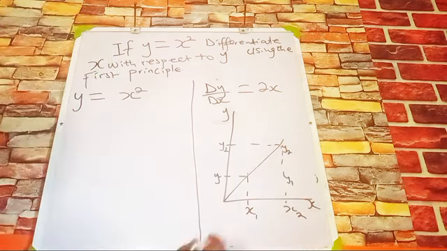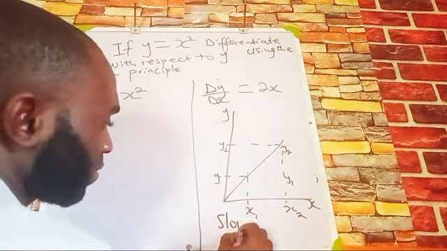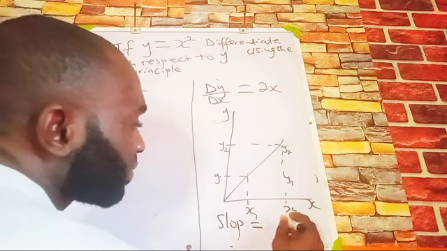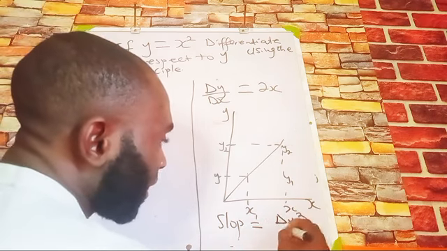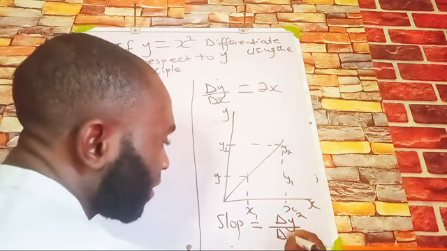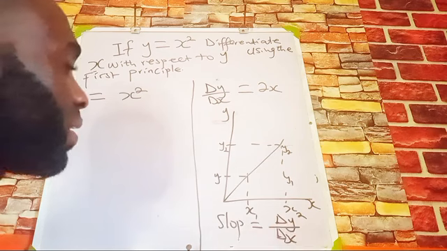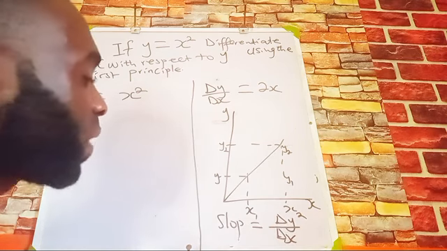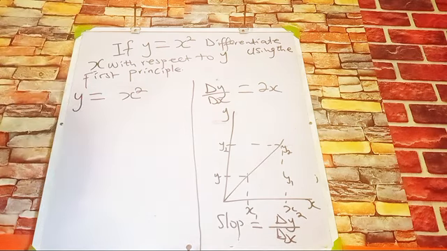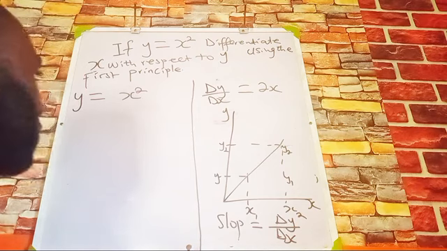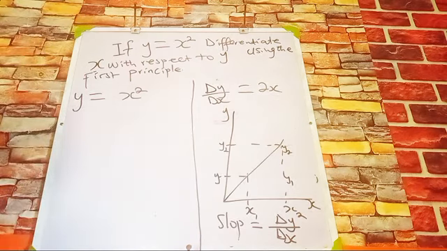So if you're asked to find the slope, here will be change in y all over change in x. So change in y is y2 minus y1 all over x2 minus x1. So exactly what we're going to do here.